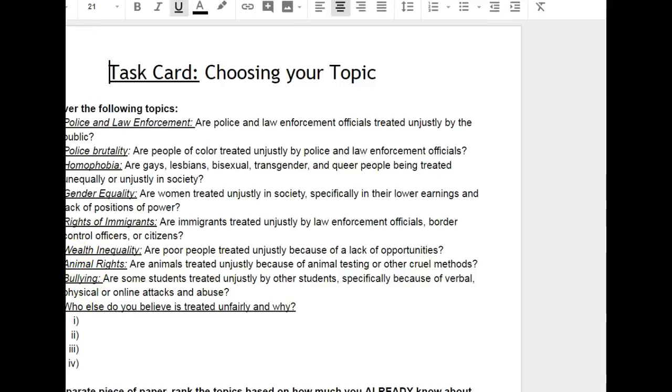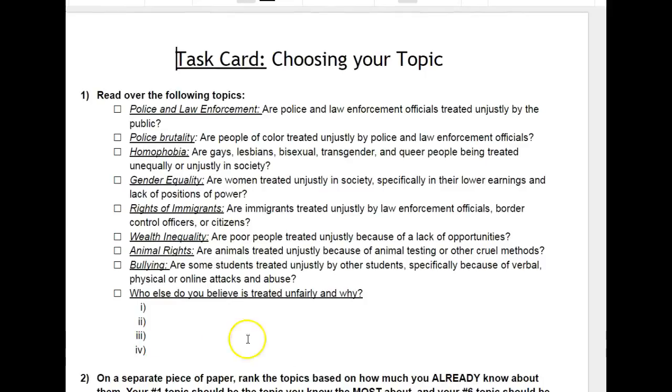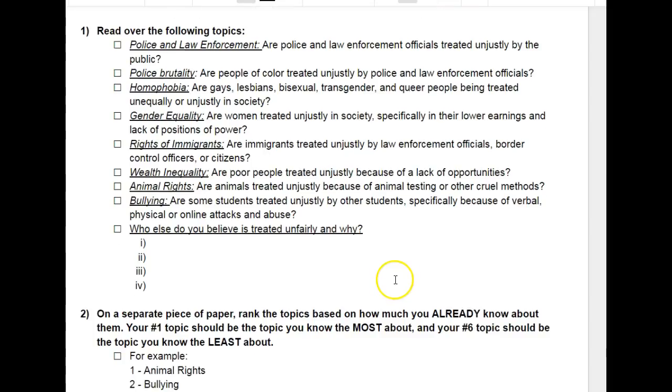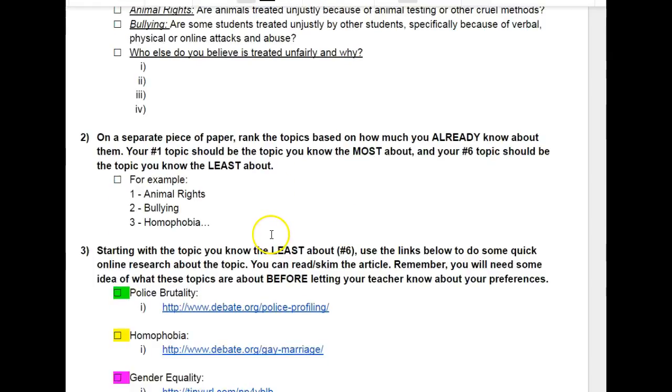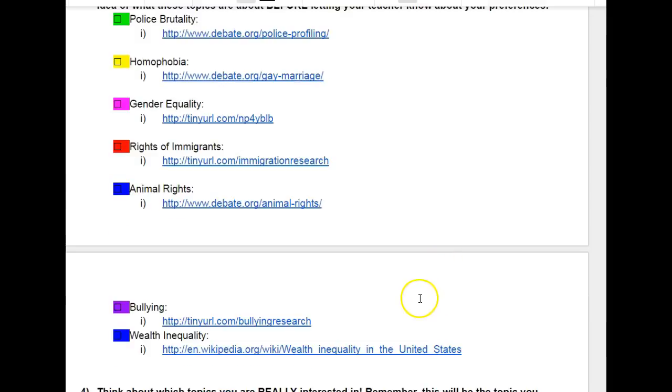And here was a task card with lots of ideas of things you could discuss in your presentation and your letter. Public law enforcement, gender equality, animal rights, bullying is a big one. Look these over. This could help you, because there are some nice websites here that would be very good to have as your evidence.